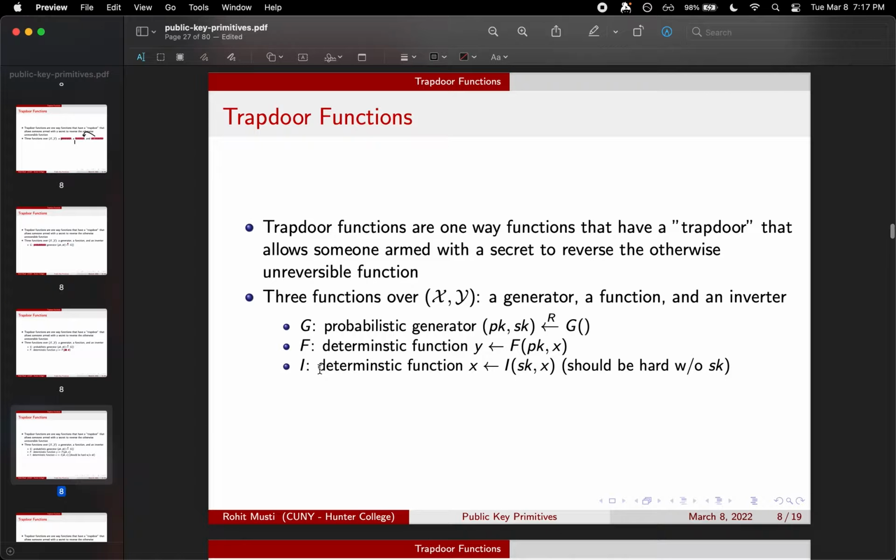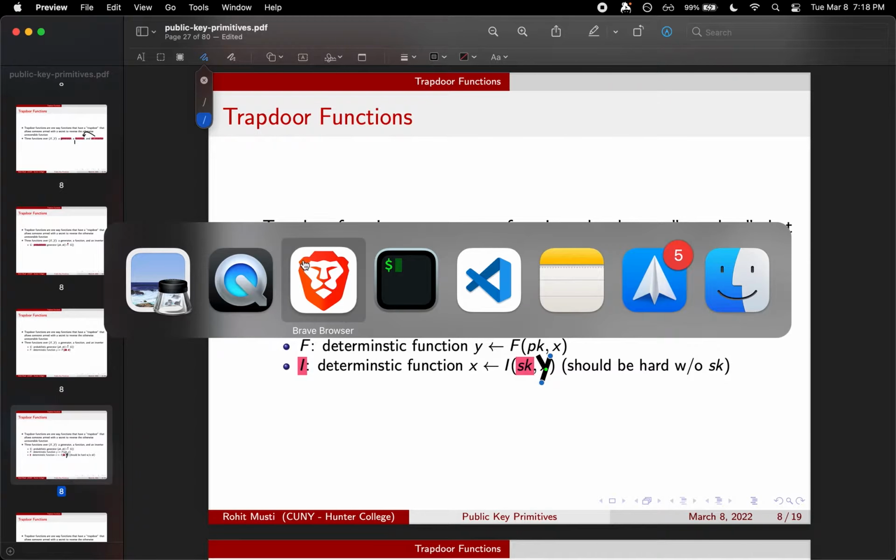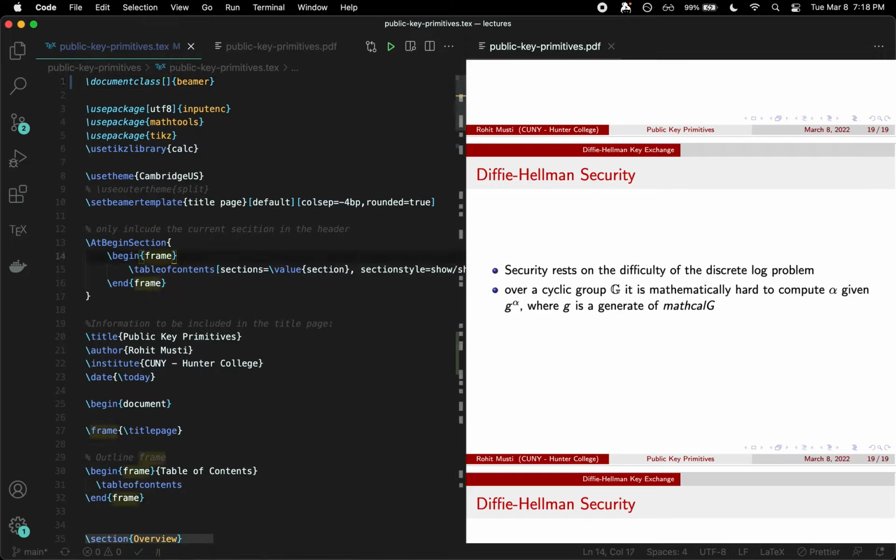We also have an inverter. The inverter is also a deterministic function, and given a secret key and, this should actually say y, so given a secret key and little y, it outputs x. Let me correct that in the slides.